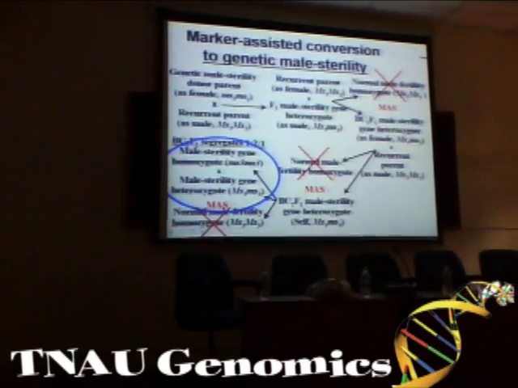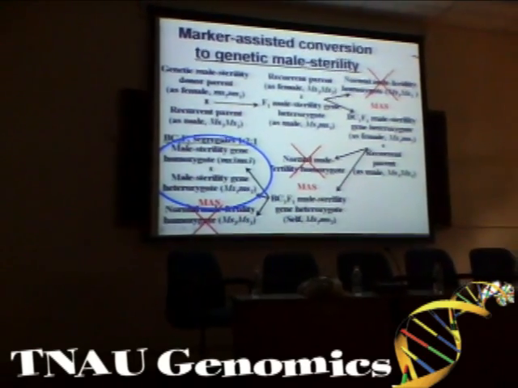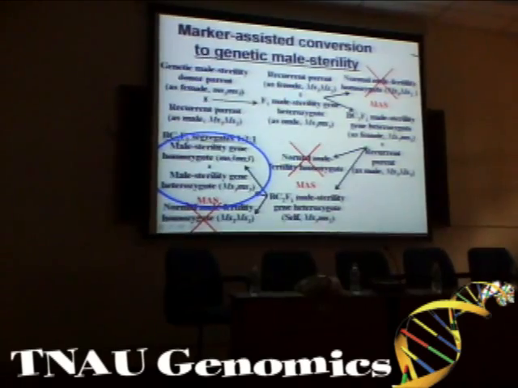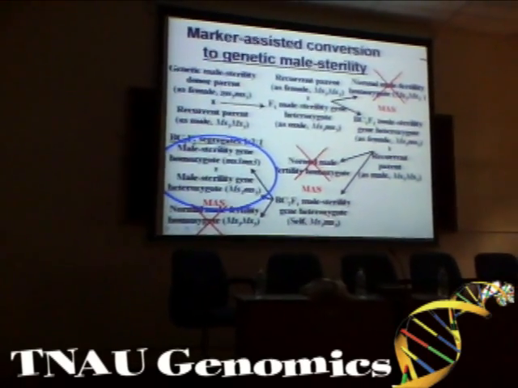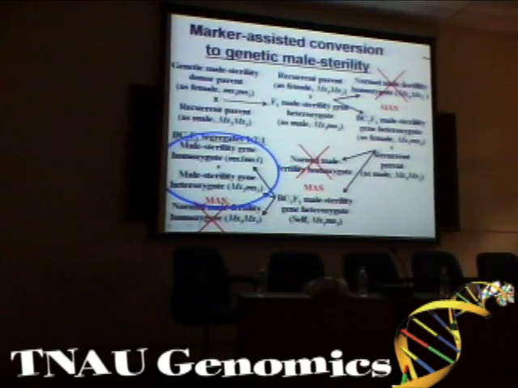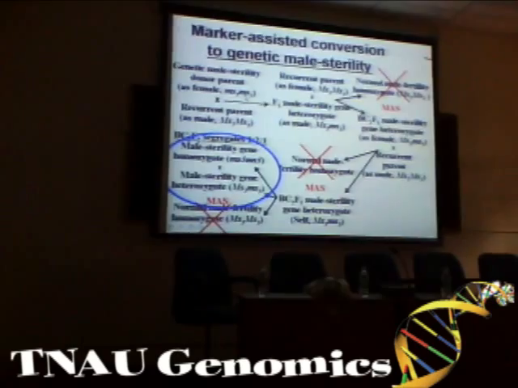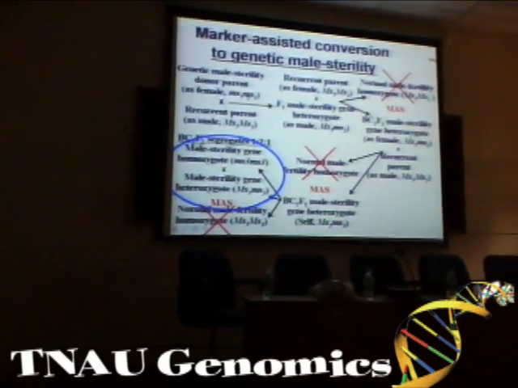And so on this slide, I've got a fairly simple scheme using an example from sorghum where we have markers flanking the MS3 gene, a recessive genetic male sterility gene.